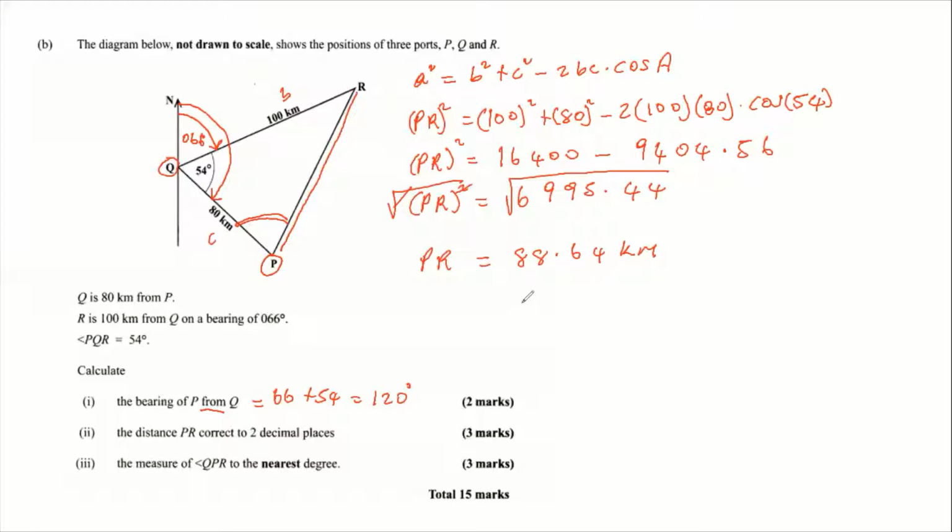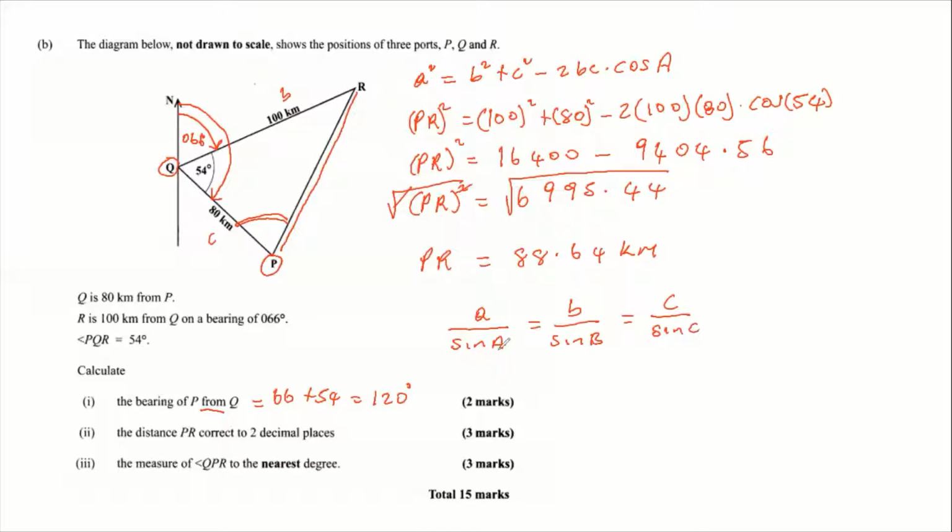We know that A over sine A, which is the angle, is equal to B over sine B, which is also equal to C over sine C.